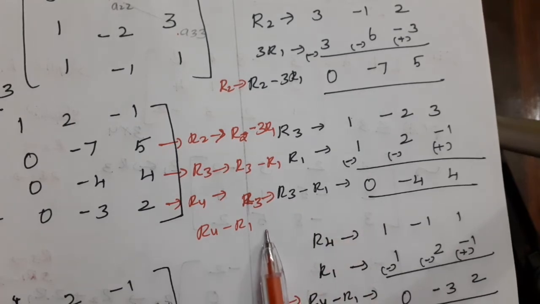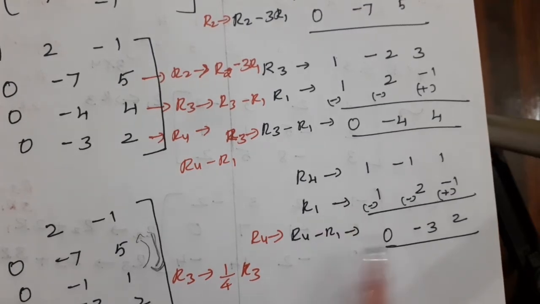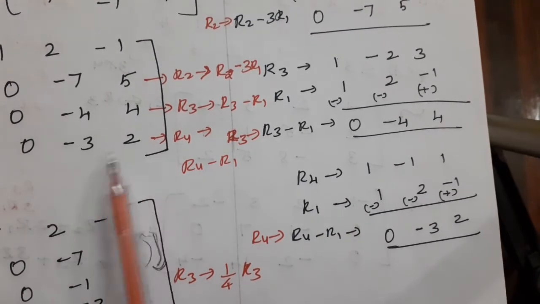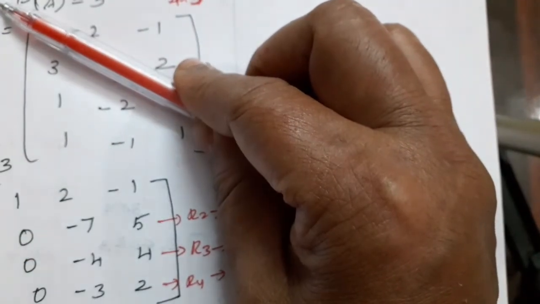Afterwards, R4 minus R1. So I write the calculation part: R4 minus R1, 0 minus 3, 2. So it becomes 0. The remaining values below the main diagonal we also make 0. Come to these two elements, minus 2, minus 1, we make them 0 also.